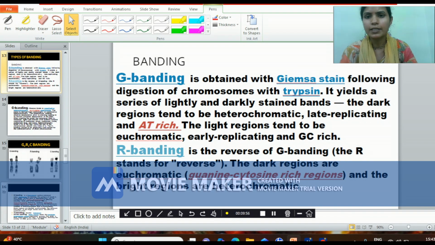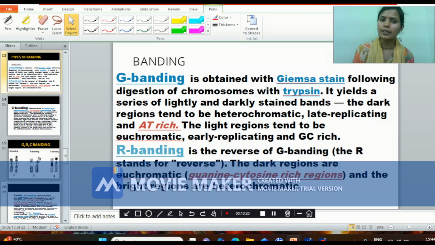So what is Giemsa staining? G banding is obtained with Giemsa stain following digestion of the chromosome with trypsin. What we have discussed in the picture is called Giemsa staining. In this, basically AT rich regions get stained, called the heterochromatic region.